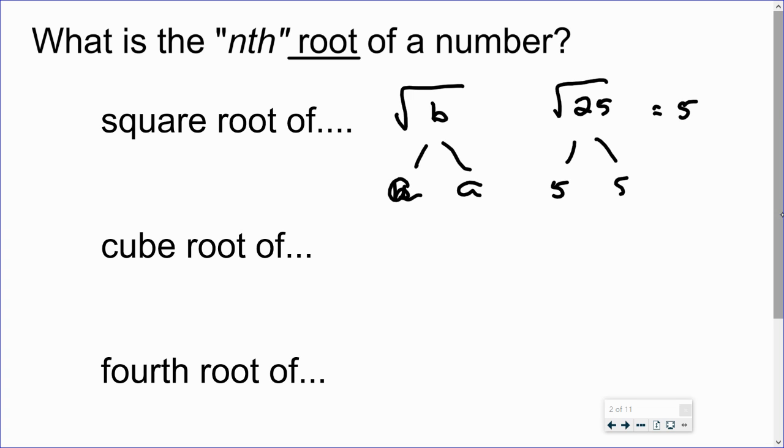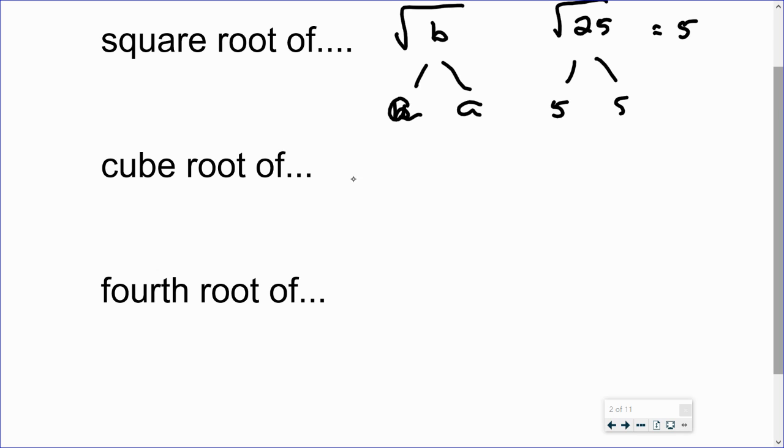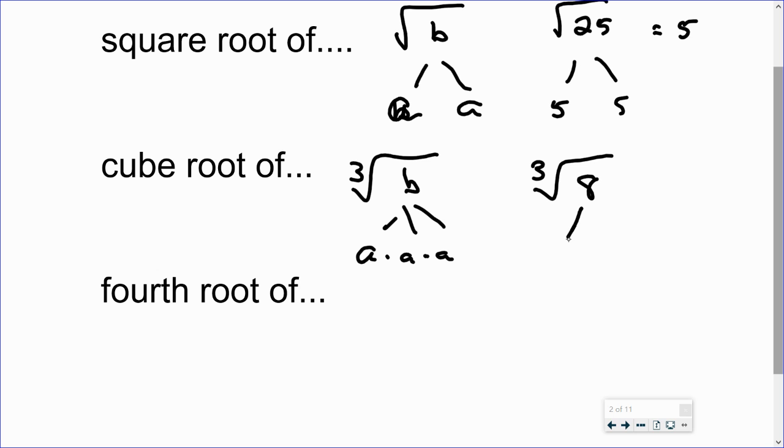Then the next one, the cube root. If I want the cube root of b, that's a times a times a. So what number times itself 3 times is equal to that particular value? For example, if I take 8, that is 2 times 2 times 2, so the third root of 8 is 2.